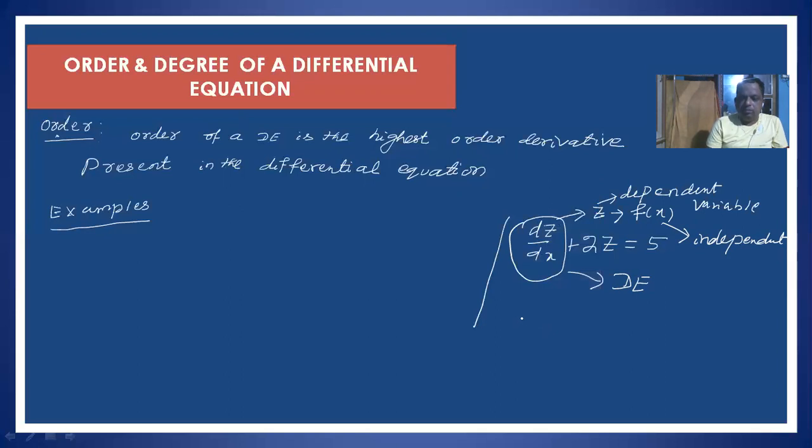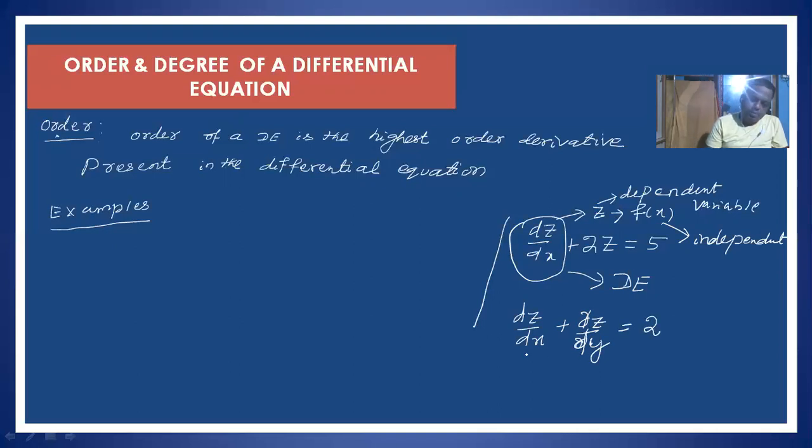Suppose the equation can be written as del z by del x plus del z by del y equal to 2.